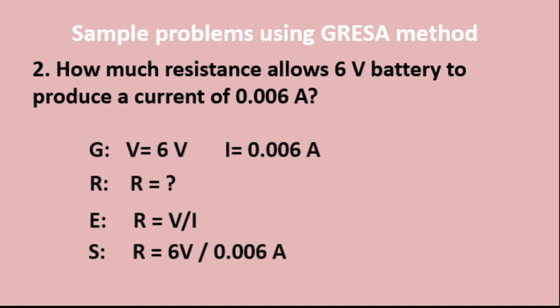Solution, resistance is equal to 6 volts divided by 0.006 amperes. And the answer is, resistance is equal to 1000 ohms. Did you get it right? Amazing! Now, let us go to the last number.